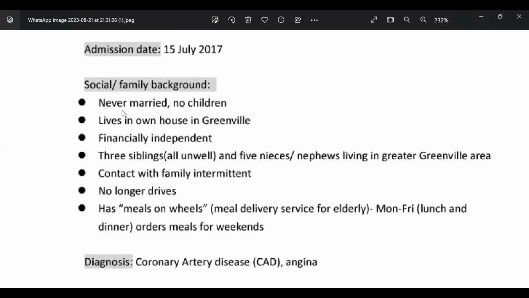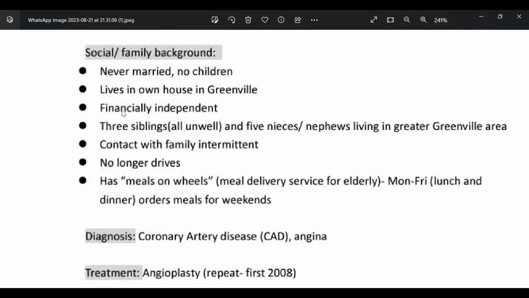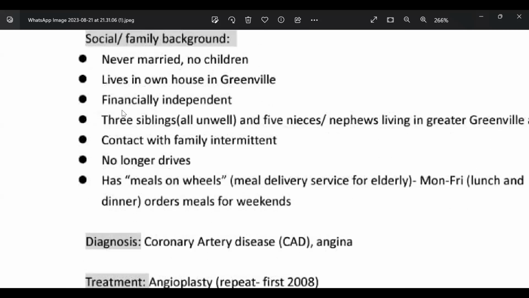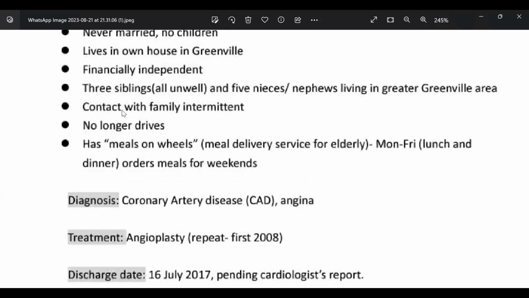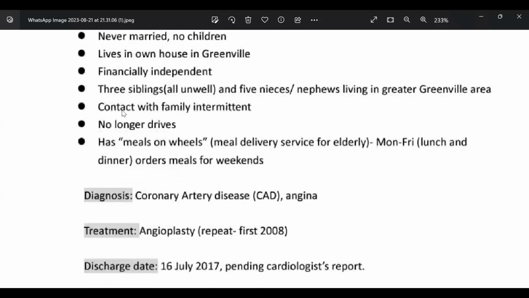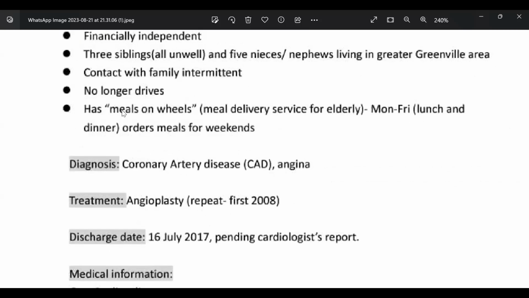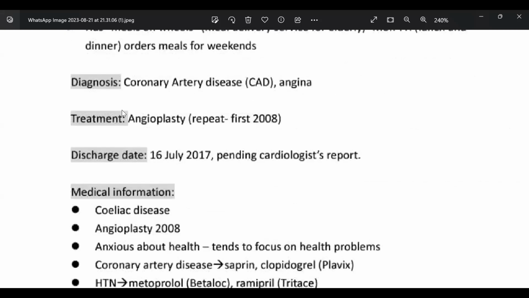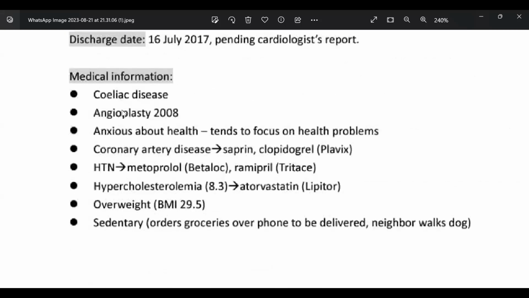Contact with family is intermittent, he is not much in contact. He does not drive, and this is the food intake of the patient pre- and post-surgery, along with the diagnosis and the surgery. The medical information is written.